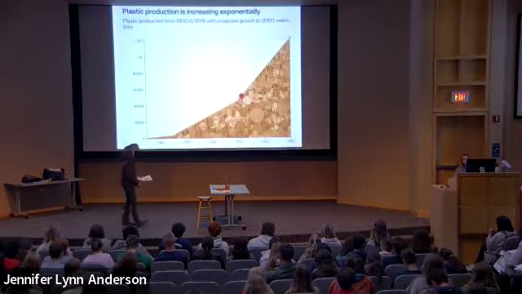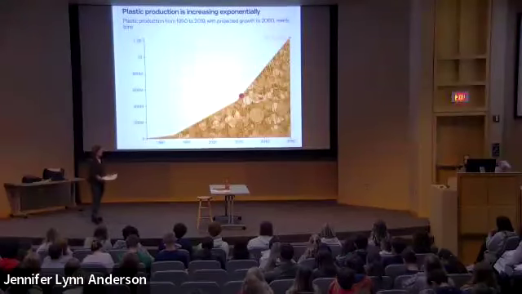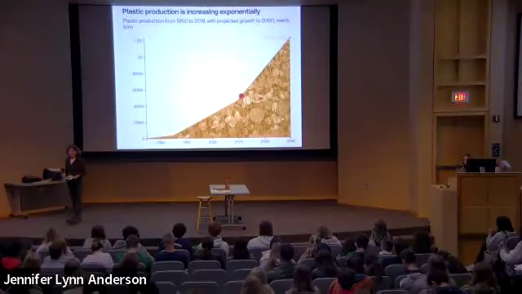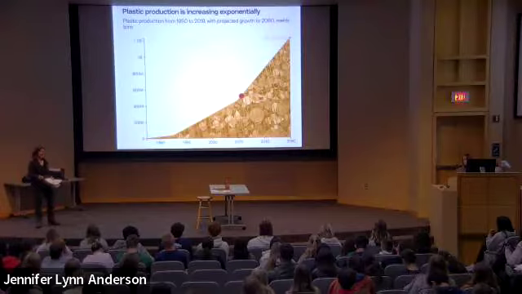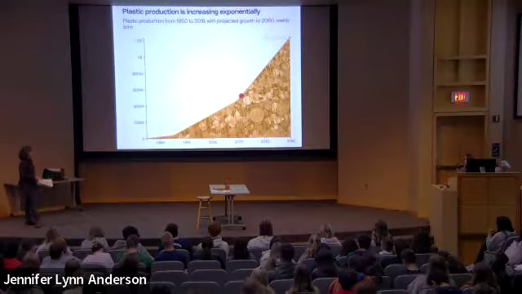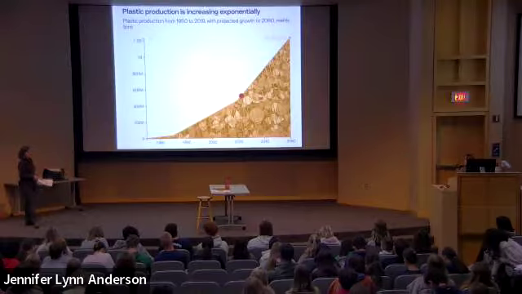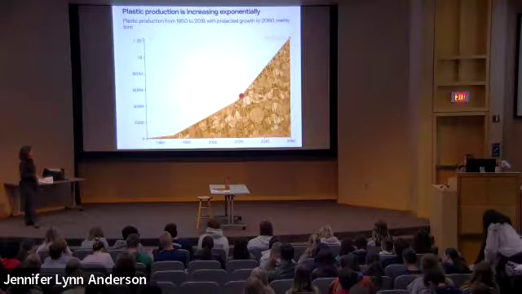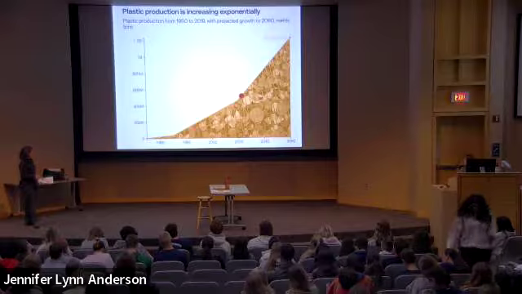So a note, and we'll notice this is because our plastic production is increasing exponentially. So in 1950, less than 2 million tons of plastic was made. And now here's where we are right now.